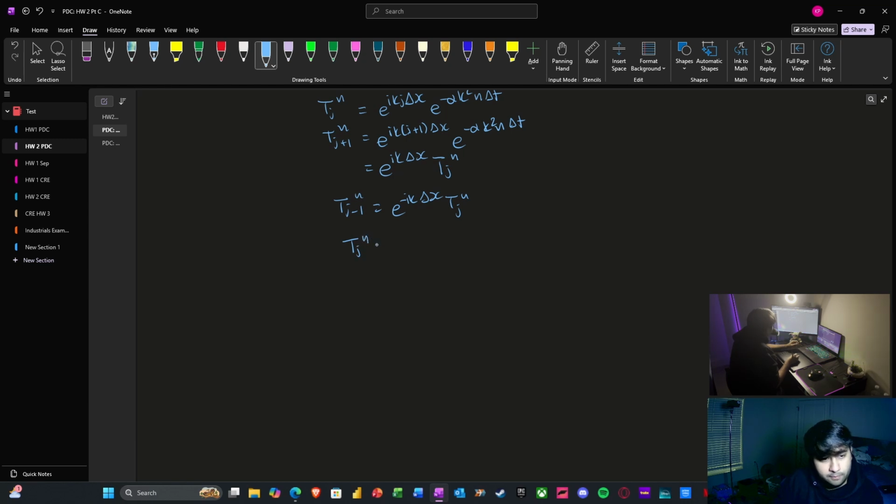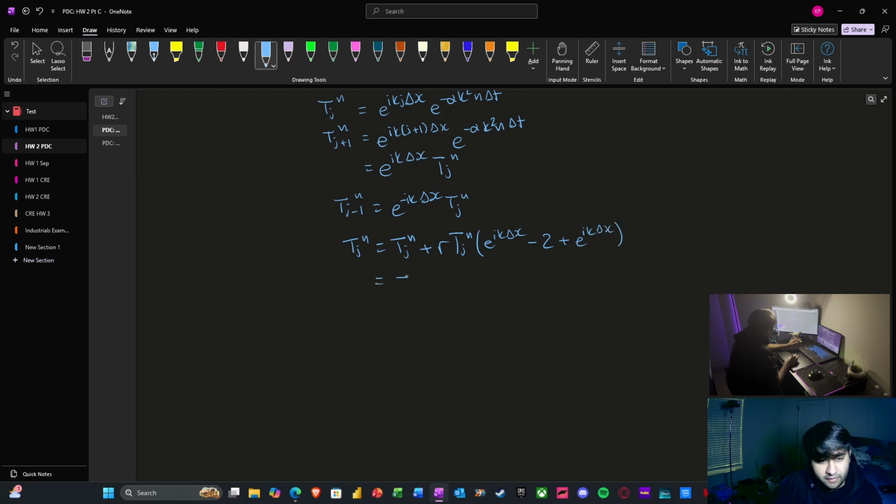And now what we'll do is recalling our equation that we used in our code that utilizes our r. We're just going to do the same thing here, except apply what we know. So plus r, and we'll take our Tjn out just for the sake of ease. I have our e to the ik delta x minus 2 plus our e to the negative ik delta x. There we go.